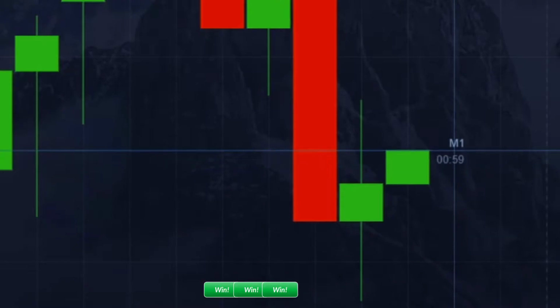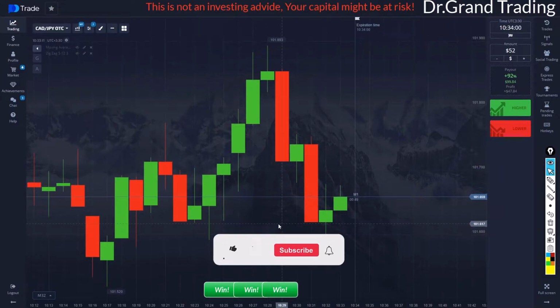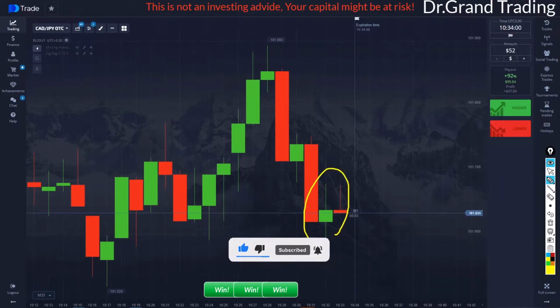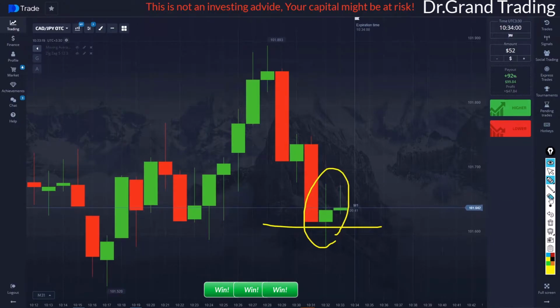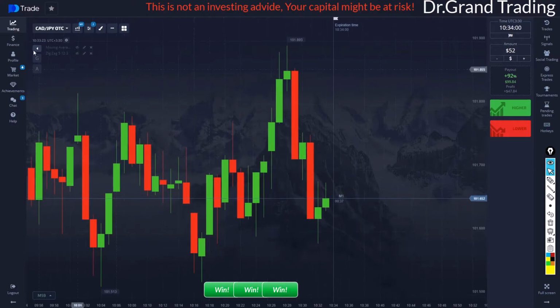So you have to consider the levels when you're trading with these patterns, because if I go with sellers here, this might not work because it bounced off the level, and this spinning candle on the level is a sign of reversal. So the buyers might enter.